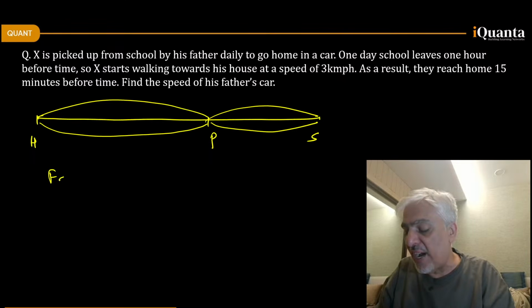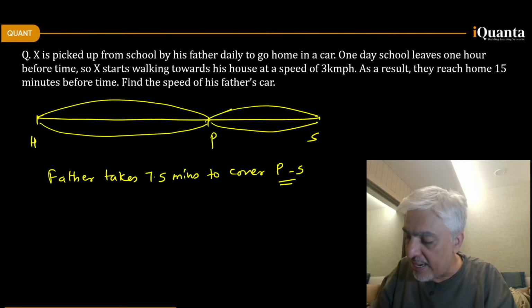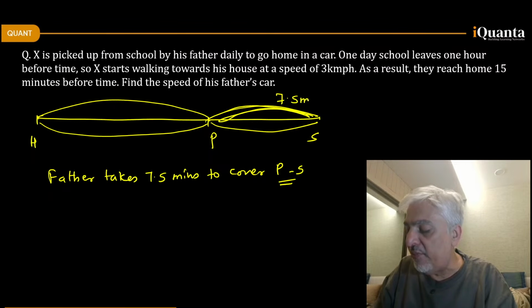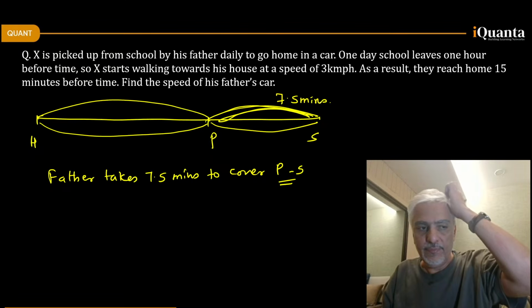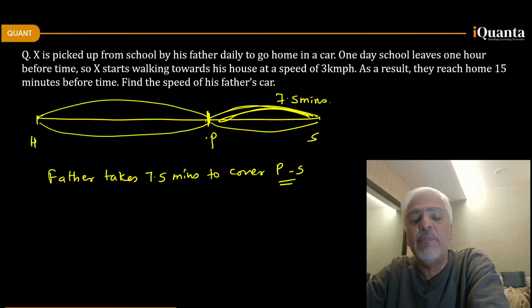So can I say father takes 7.5 minutes to cover P to S? That means to go from here to here, father in the car takes 7.5 minutes, which means he reached 7.5 minutes before 3 o'clock.